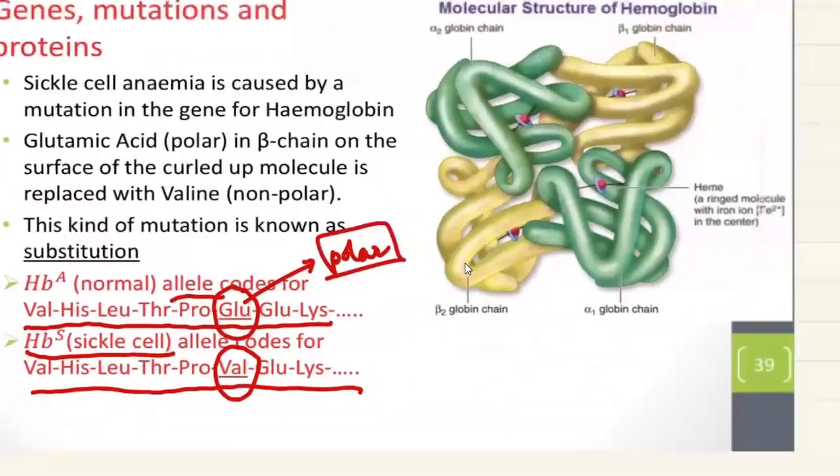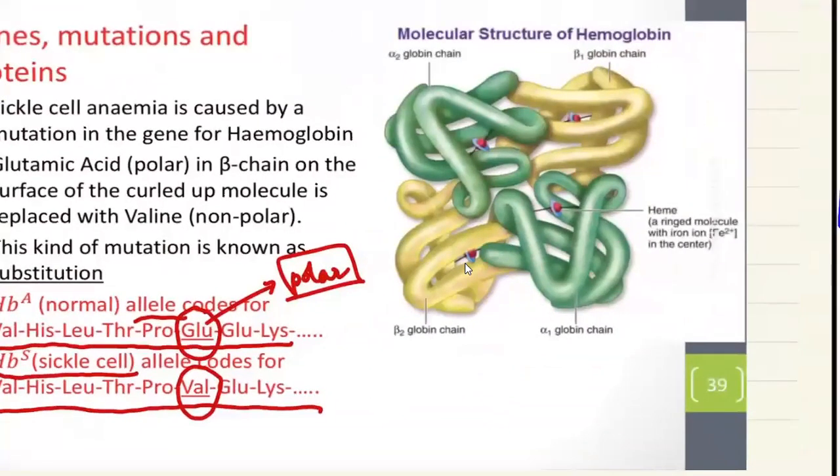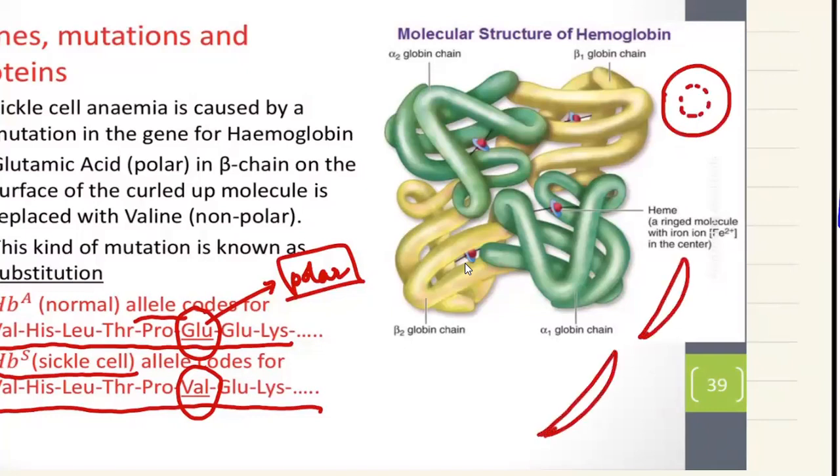So what will happen is that just by the replacement of this one amino acid, the solubility of hemoglobin will be changed. When the solubility of hemoglobin is changed, the shape of the red blood cell is also changed. Instead of the red blood cell having a biconcave shape like this, the red blood cell becomes sickle shaped. Your hemoglobin becomes insoluble, somewhat fibrous, right?